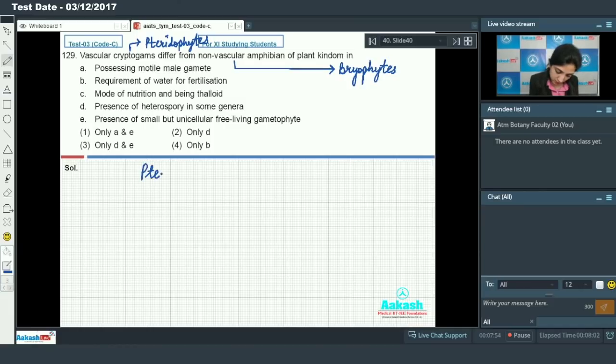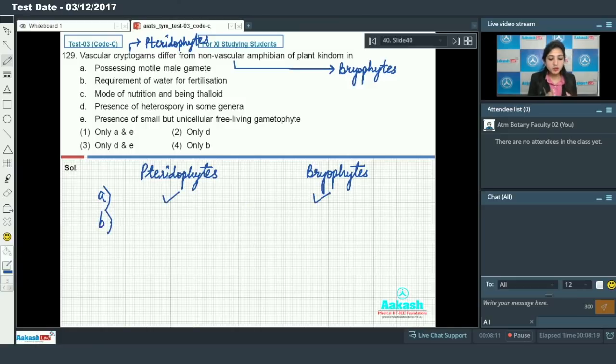Let's talk about each one of them. A. Possessing motile male gamete. In both, motile male gametes are found. Pteridophytes are different from bryophytes because they require water for fertilization? Both of them require water for fertilization.